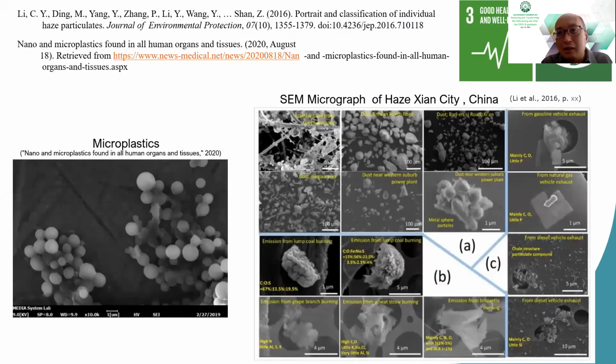And of course, for climate action and good health and well-being, the scanning electron microscope is useful in analyzing haze. For example, this paper from the Journal of Environmental Protection analyzed the haze composition in Xi'an City in China. I think it's very useful also.